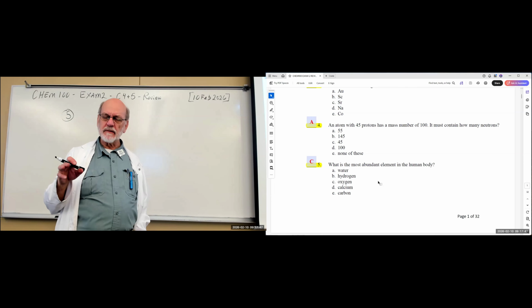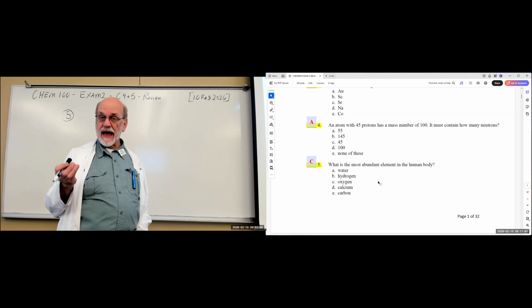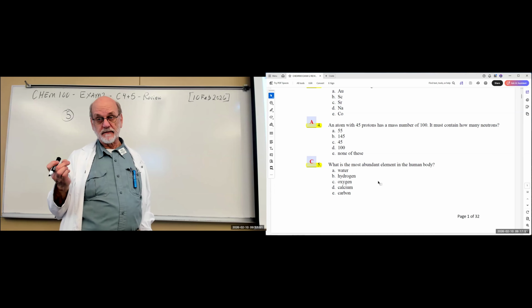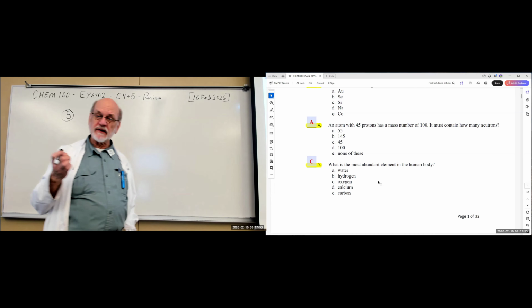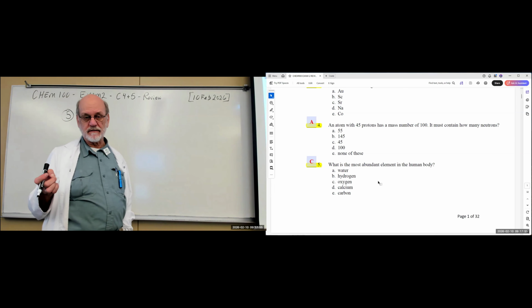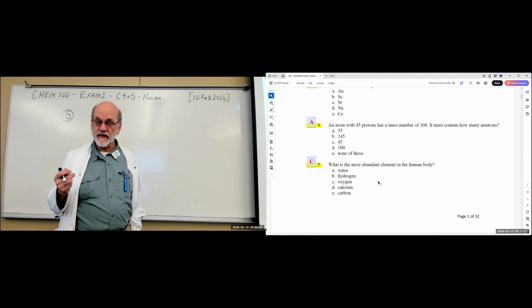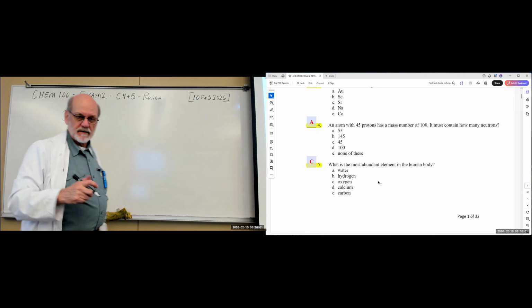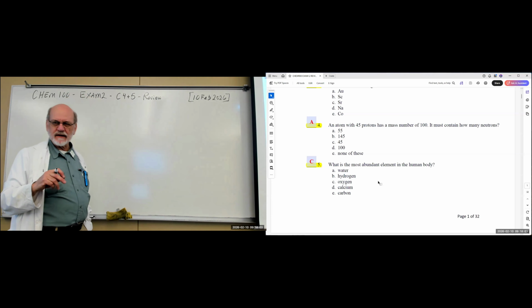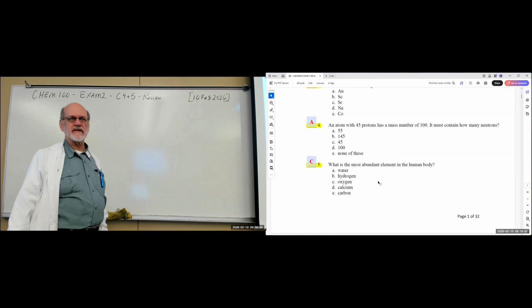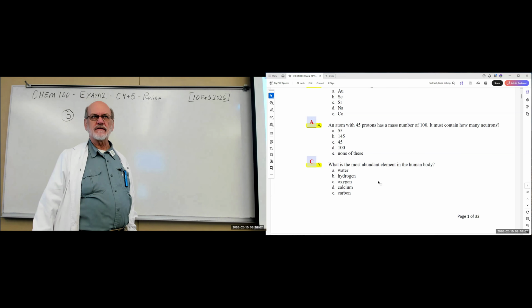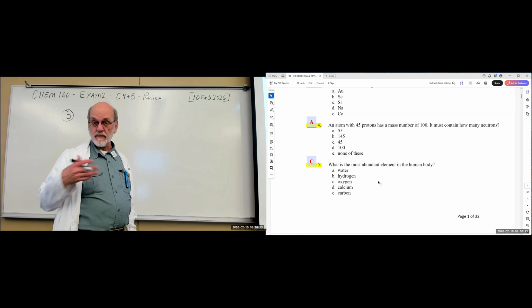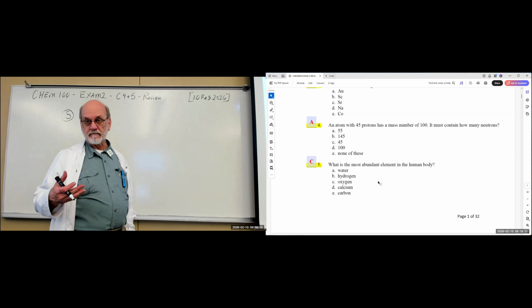The most abundant by numbers of atoms is probably hydrogen, but the most abundant by mass is oxygen. The reason for both of them is that the human body is, let's see, what are the estimates, 78 or 79%, 76%, some high number water.